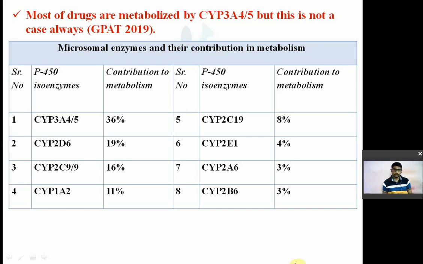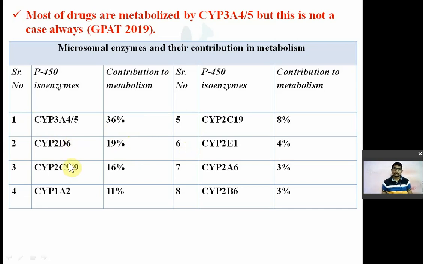Remember, CYP3A4/5 metabolizes 36% of drugs. If you consider 100% metabolism, 36% is carried out by CYP3A4/5.